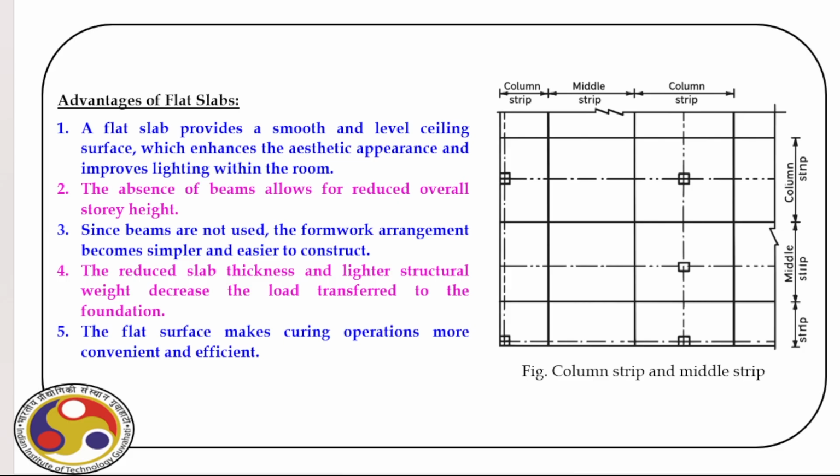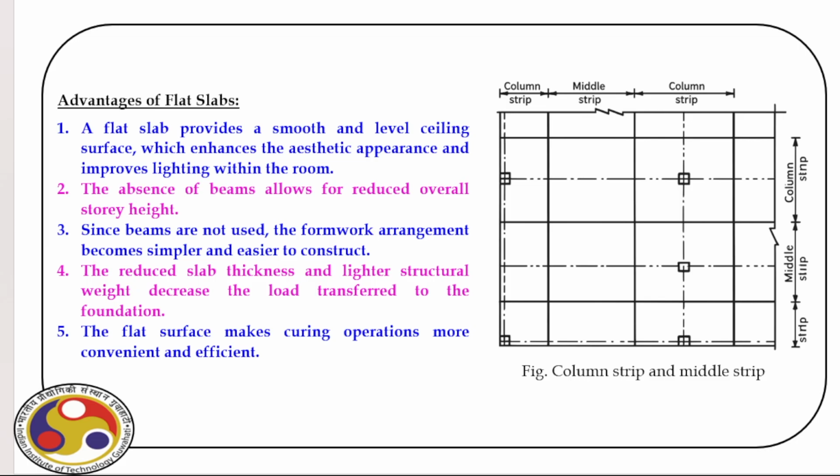That means we transfer less load to the foundation, and of course that is advantageous because your foundation size will be less, and the load transfer to the soil will be less. So compared to a structure where you have a slab, beam, column combination, flat slab is a better option.